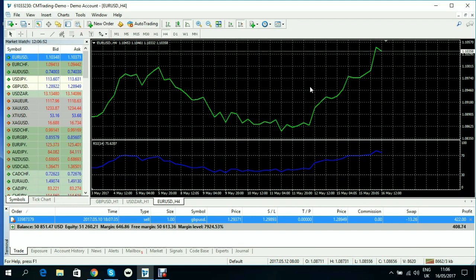Then also RSI can also be actually used to confirm trend formations.